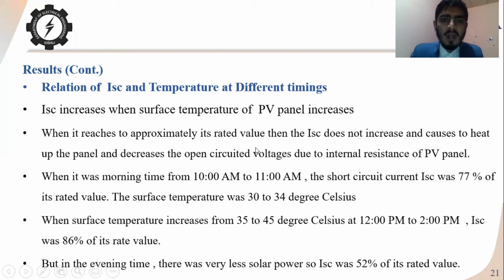When it reaches approximately its rated value, ISC does not increase and causes heating up, which decreases the open circuit voltage, as I discussed in the previous slide, due to internal resistance of the PV panel.